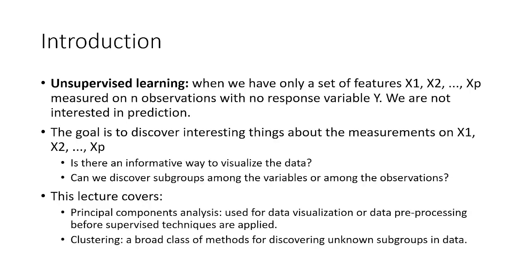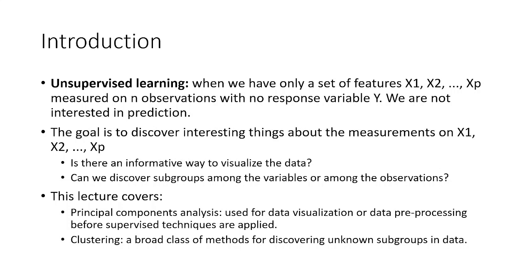Okay. So basically, the goal of unsupervised learning is to discover interesting things about the measurements on the X variables. It's quite different from supervised learning methods, in which we are interested in doing prediction. When we talk about prediction, we want to find the model which can increase the prediction accuracy.